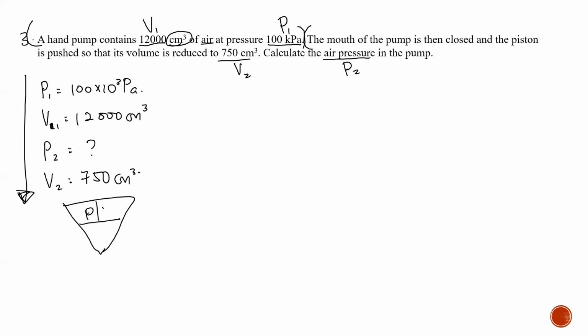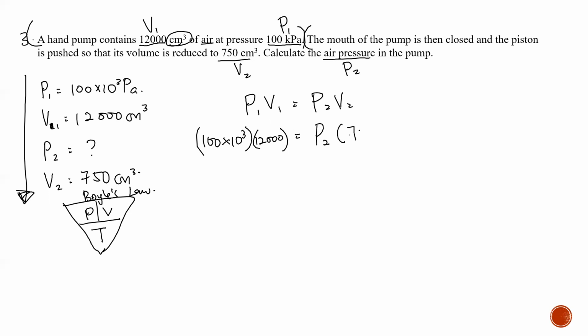It would be P V over T. So see, we got P, we got V, so this is Boyle's law. So we say P1 V1 equals P2 V2. So P1 will be 100 times 10 to the power of 3, V1 will be 12,000, P2 let it be P2, V2 750. So solve it by using the linear equation.